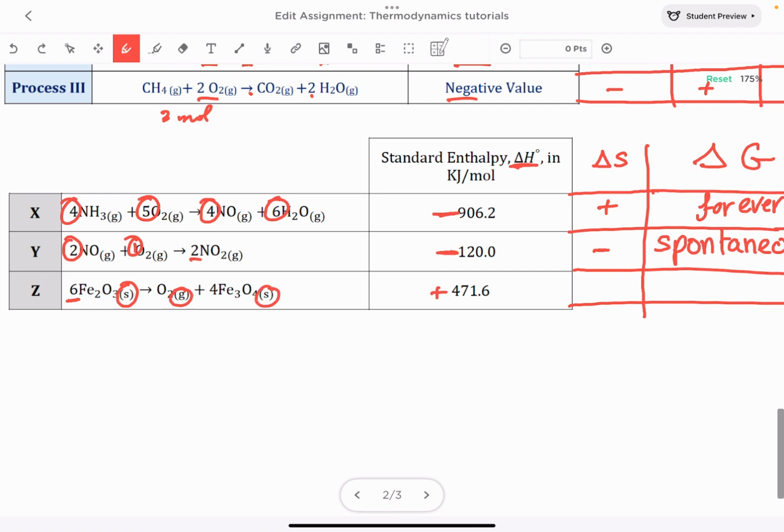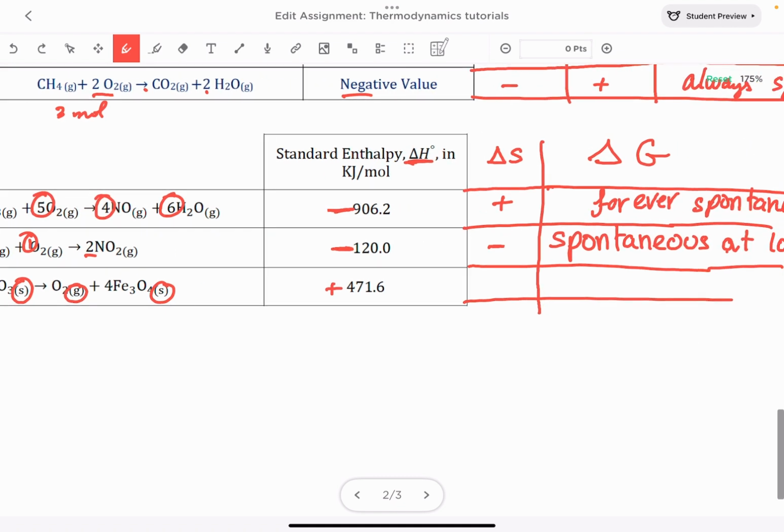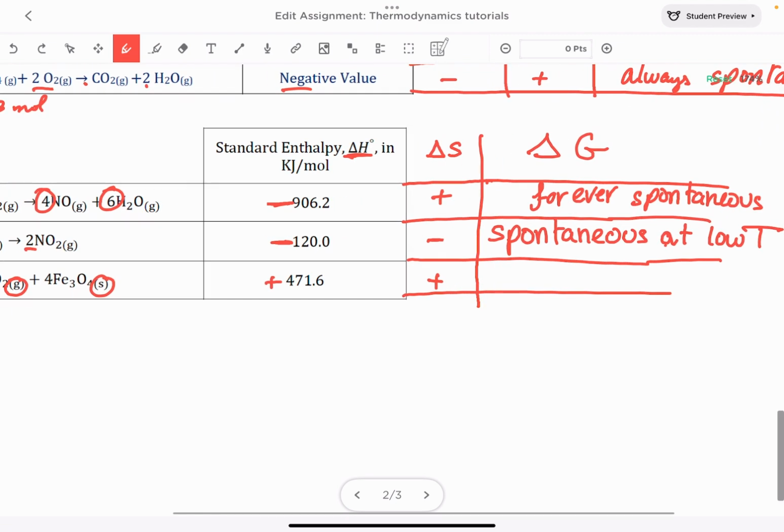Okay, so if I have gas and solid, it means that the entropy is increasing because of the entropy of the gas. It's much higher. So here, entropy is increasing, positive and positive. This one is spontaneous. When they have both same signs, it is spontaneous only when temperature is high.